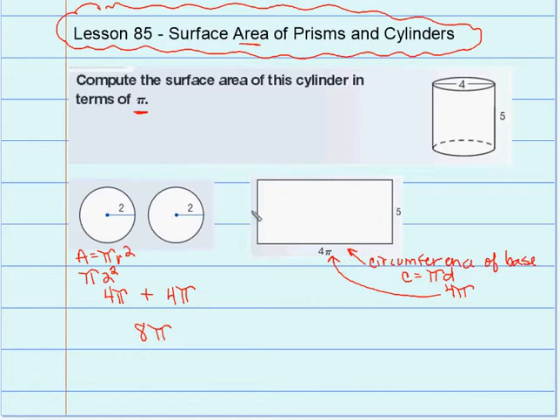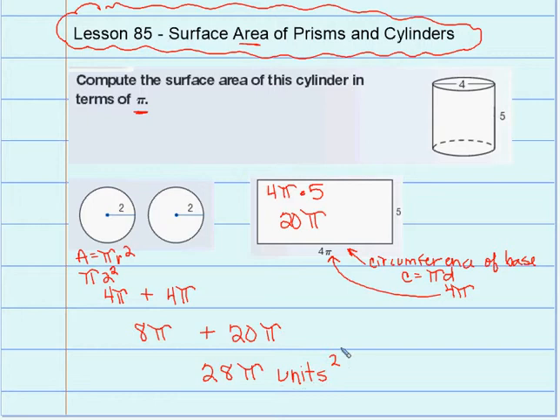Well, this other piece is just a rectangle, so you take 4 pi times 5, and 4 times 5 is 20 pi. So we now have 8 pi plus 20 pi. And there again, we can combine those, and we have 28 pi. And it didn't tell us that this was centimeters or inches or anything, so we're going to write units squared.